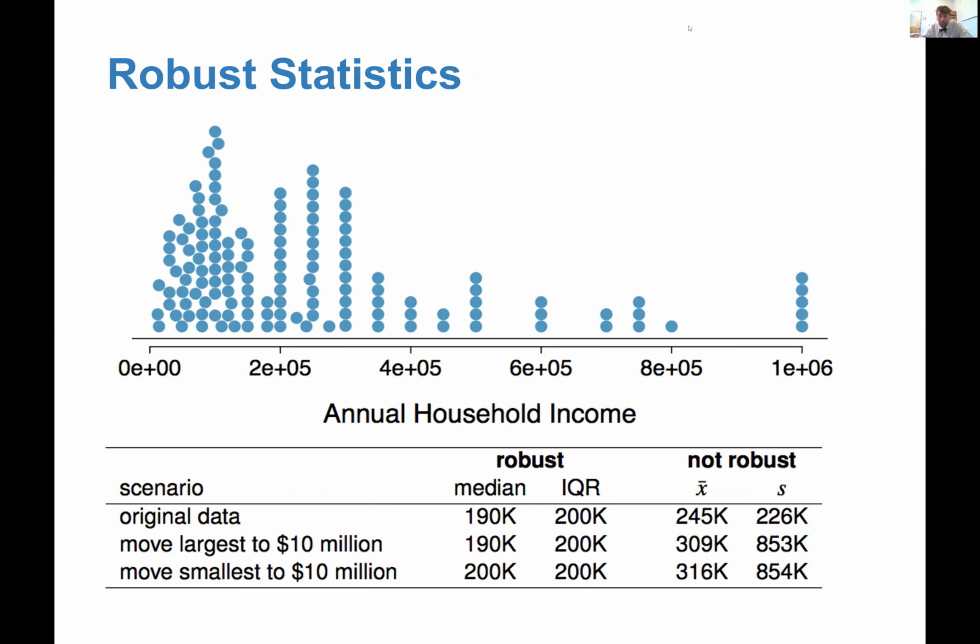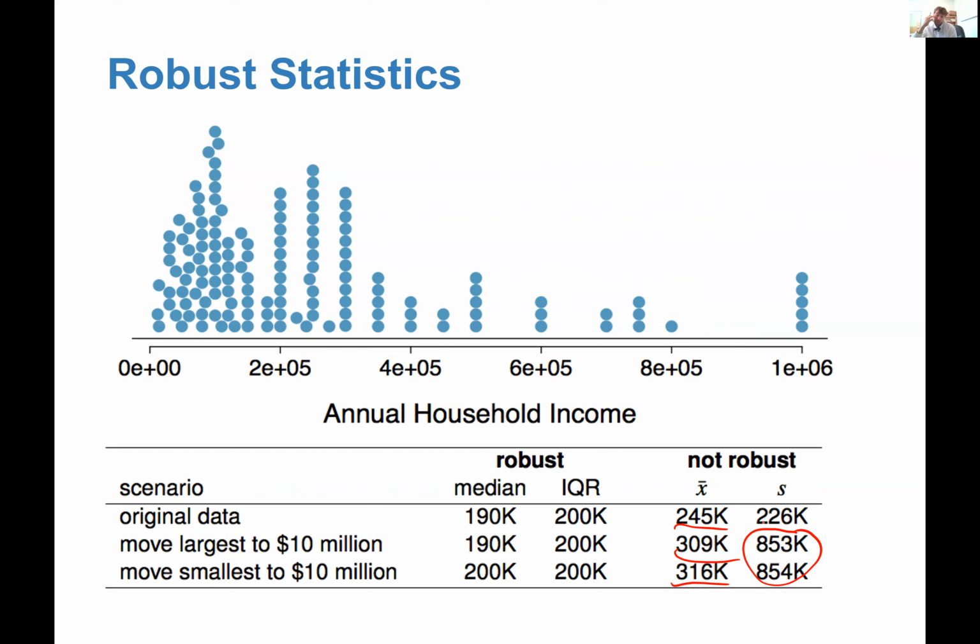It doesn't affect the IQR at all to move one number. But notice X bar gets much bigger if you move the biggest, or especially if you move the smallest one to be 10 million. And standard deviation gets gigantic if you move one person to getting 10 million instead of 1 million.